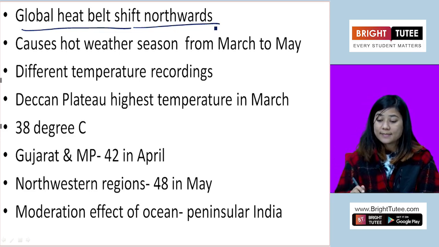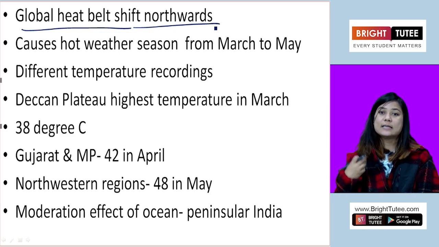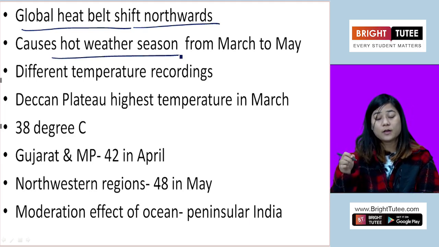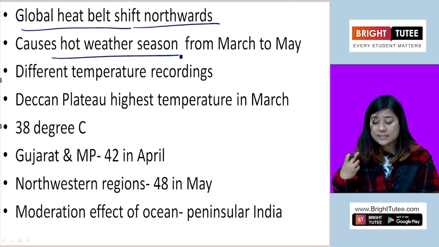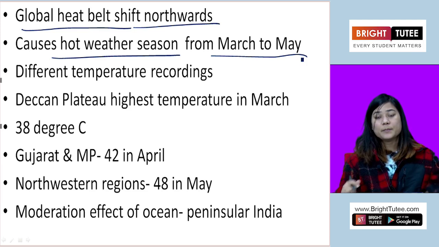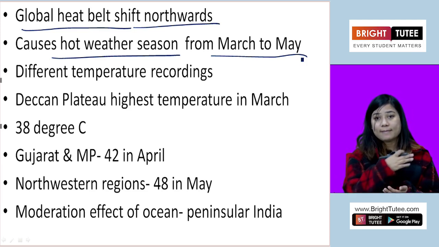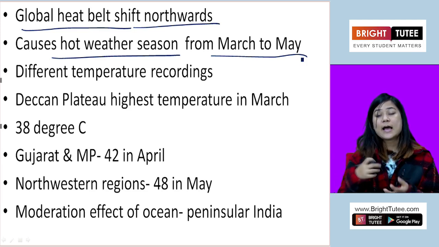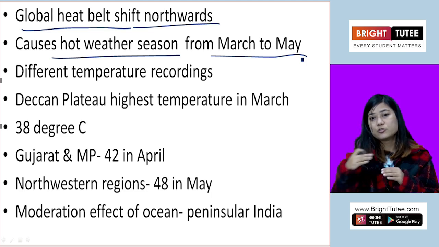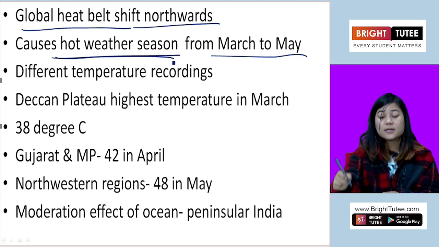This causes India, or the regions that lie in the northern hemisphere, to have the hot weather season from the months of March to May, because the rays are falling directly on the Tropic of Cancer, and the areas which lie in that latitude experience the hot weather season.